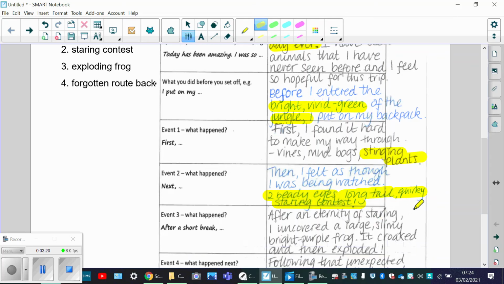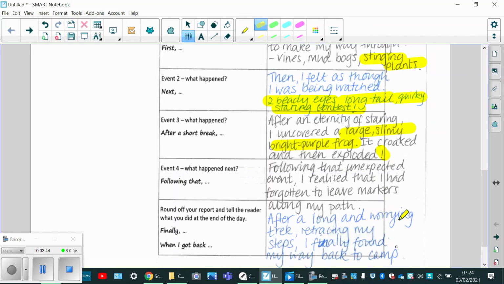My third event was all about the exploding frog, I decided. So I put in a sentence starter of after an eternity of staring, I uncovered a large, slimy, bright purple frog. It croaked and then exploded! Don't forget to use punctuation in your work.